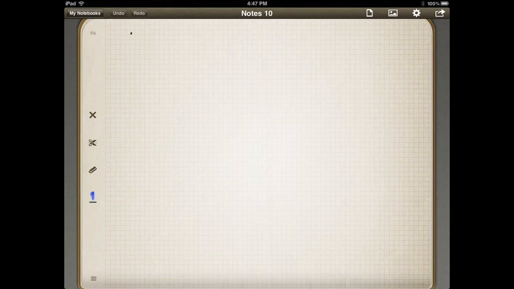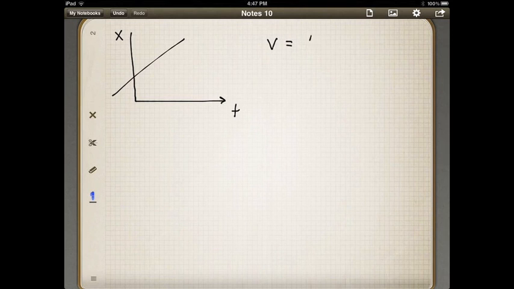For constant velocity, remember that the position versus time plot looks like this. The slope of that plot you can calculate as delta x over delta t, where delta x is defined between two points, here some initial and some final point.